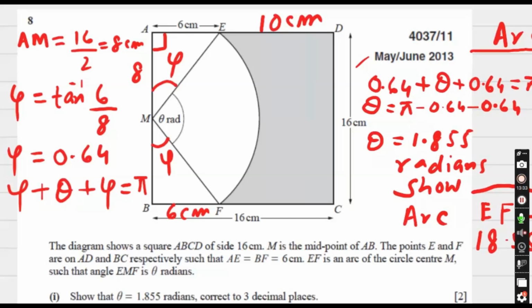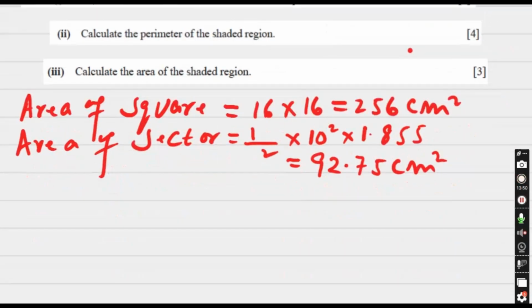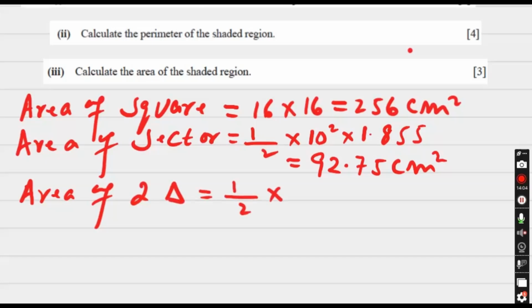Now we have to find the area of two right angle triangles, that is triangle AEM and triangle BMF. Both triangles are the same, both are right angle triangles. So if we find the area of one triangle, just multiply it by 2. So I am writing over here, area of two triangles is equal to half into 6 into 8.